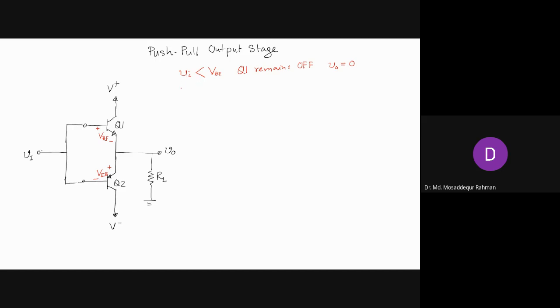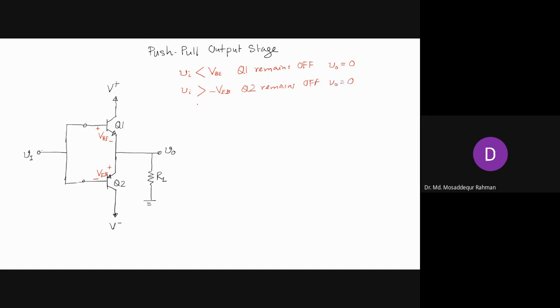And if Vi is greater than minus VEB, because this voltage has to be negative in order for this transistor to turn on, and if it is more positive than this negative voltage, Q2 remains off. So also V0 will be 0.